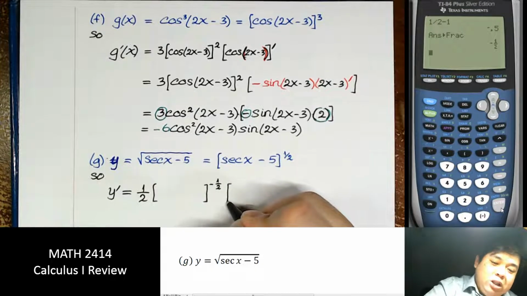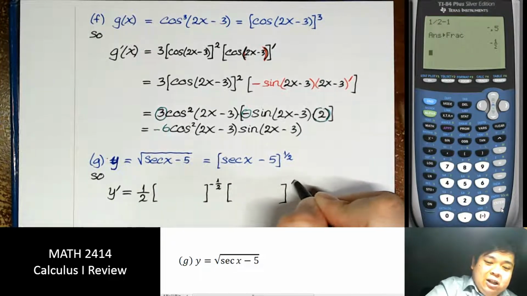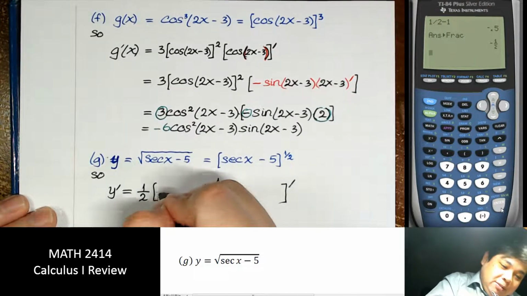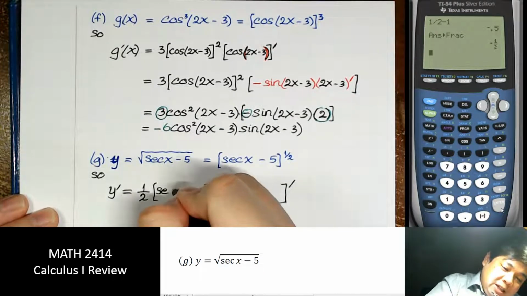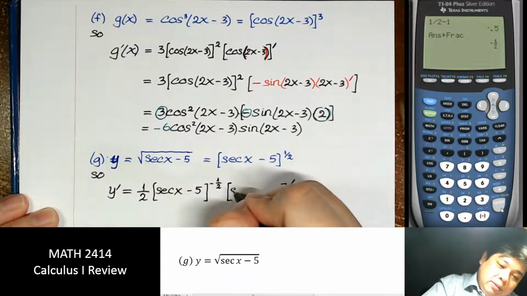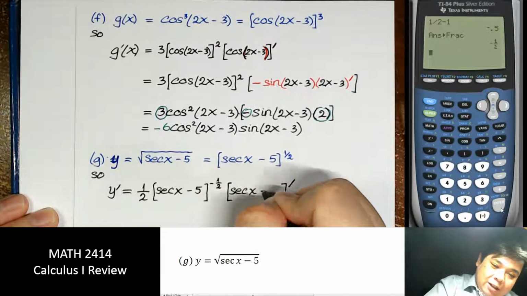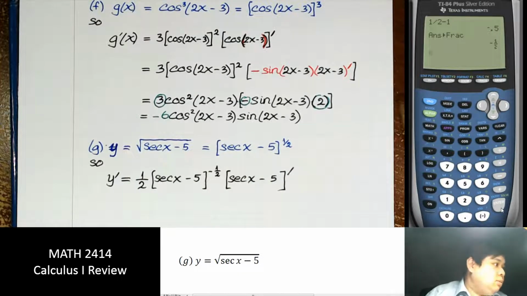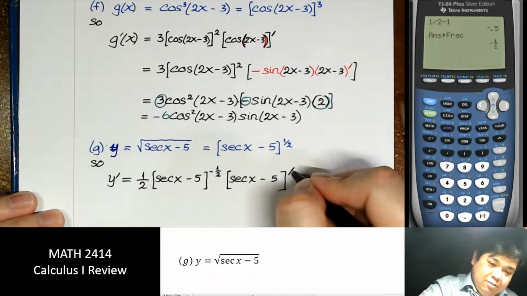And then chain rule says times derivative of what inside the parentheses or the bracket. So we have secant x minus 5, right? That's derivative here.